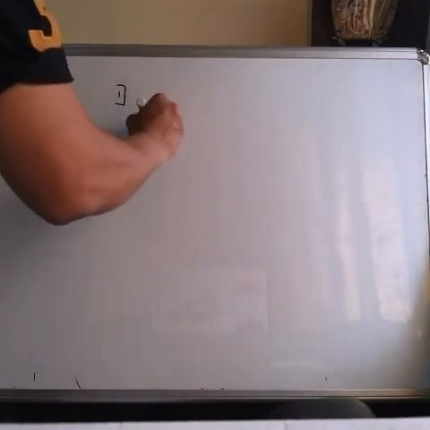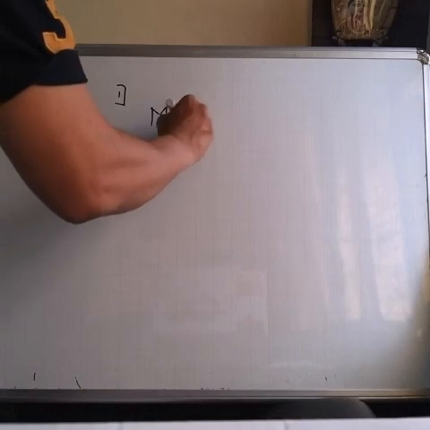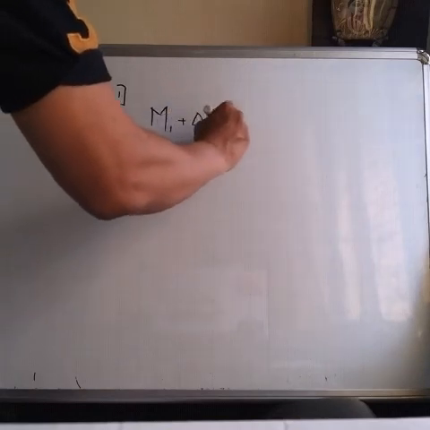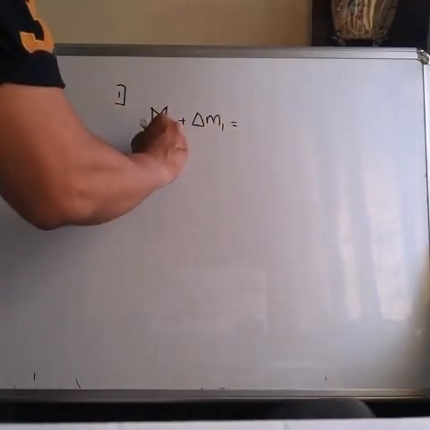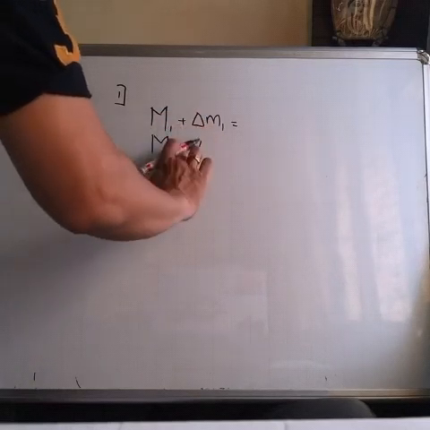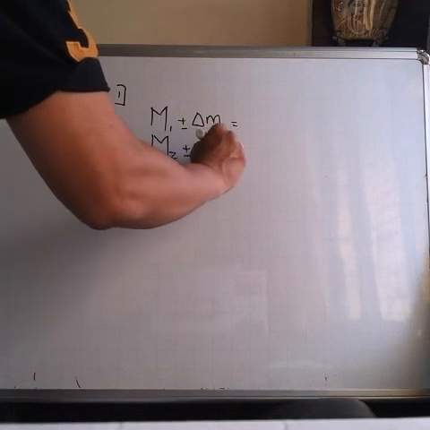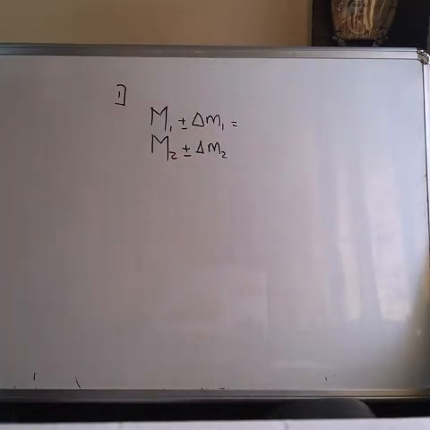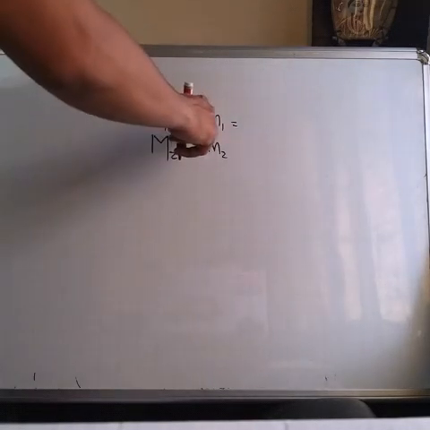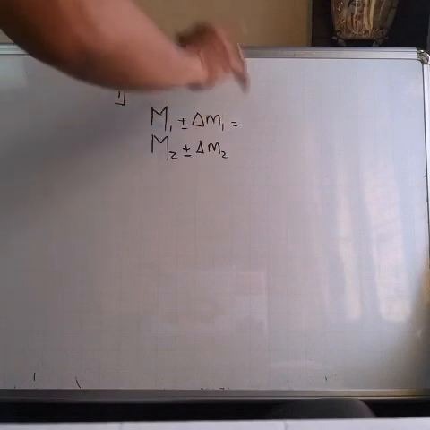Now for that, let us understand how we write the two masses, M1 and M2. These values are M1 plus minus delta M1, M2 plus minus delta M2.